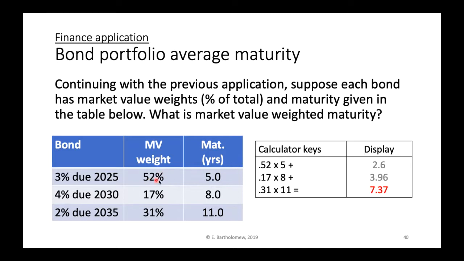We're going to take 52%, 0.52 times 5, plus 0.17 times 8, plus 0.31 times 11. So essentially we're taking each of these, multiplying it, and then adding it to the next. And we'll get 7.37, which would indicate, based on this weighting scheme, the portfolio average maturity would be 7.37.